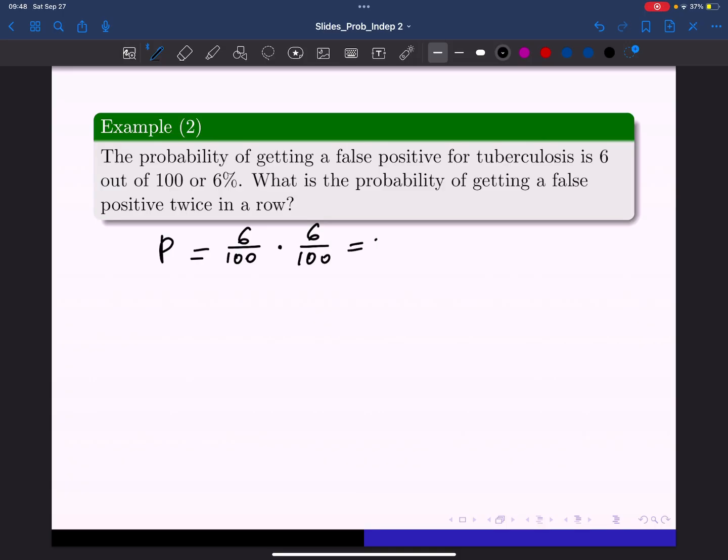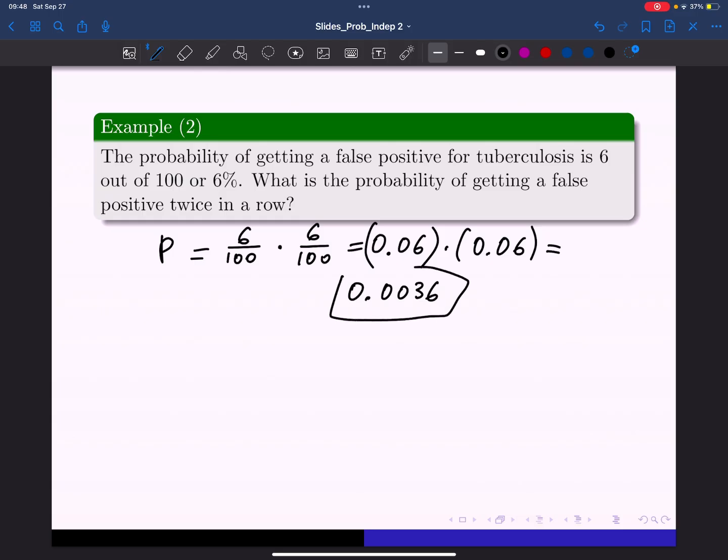Or we can write it as 0.06 times 0.06. If we multiply them correctly, we should get 0.0036. So this is a very small chance of getting a false positive twice.